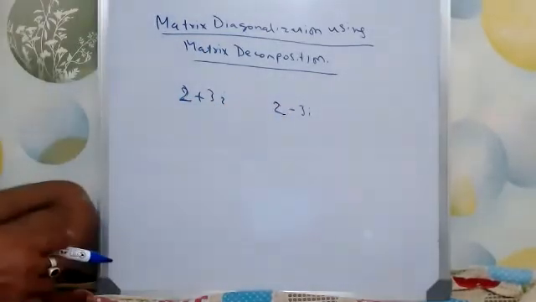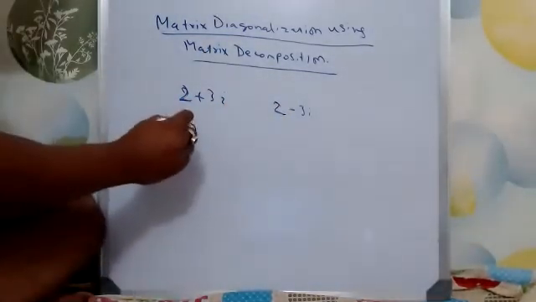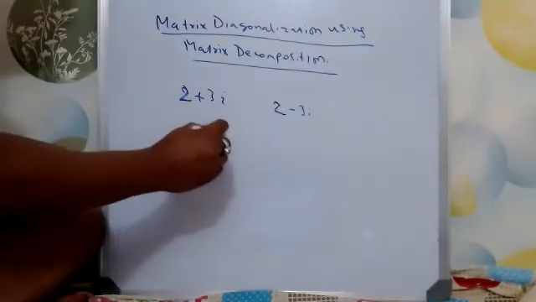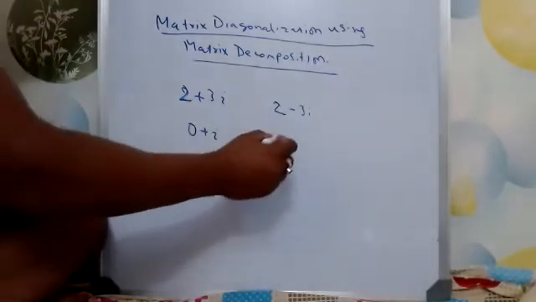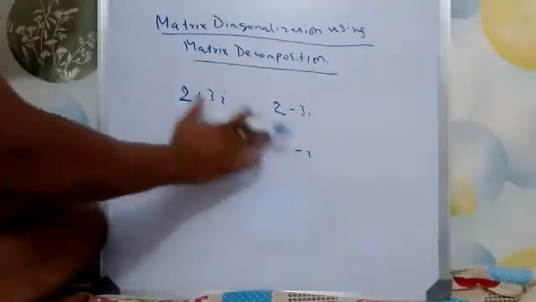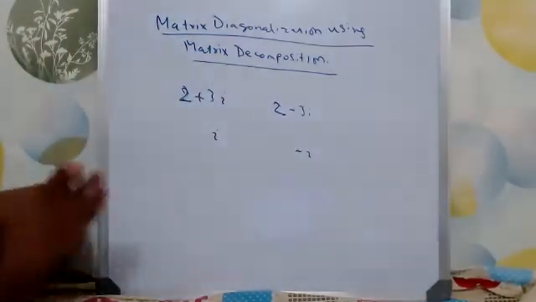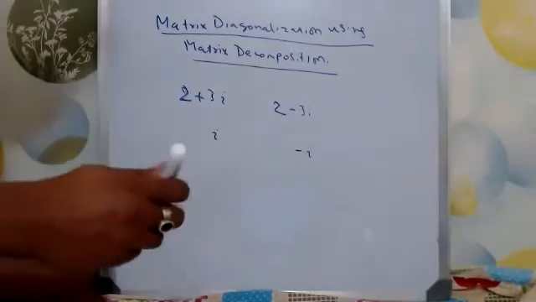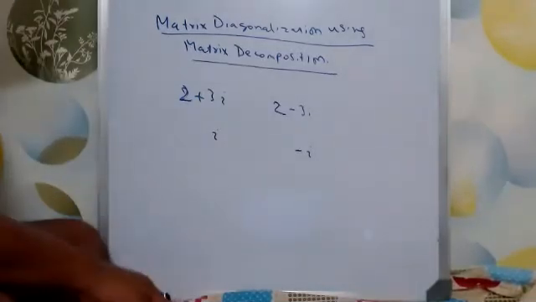If the complex number is 0 plus i, then its conjugate is 0 minus i, or you can say i and minus i. So these are called conjugates of complex numbers.